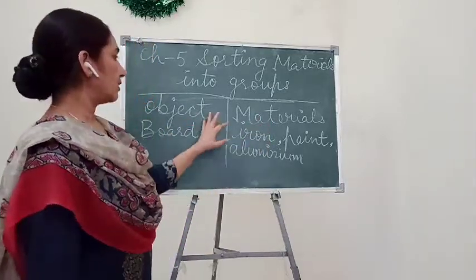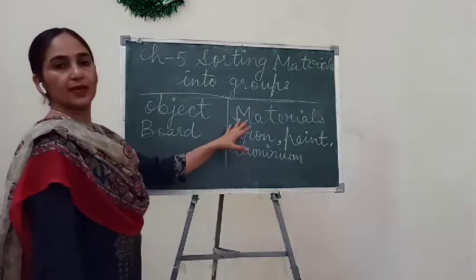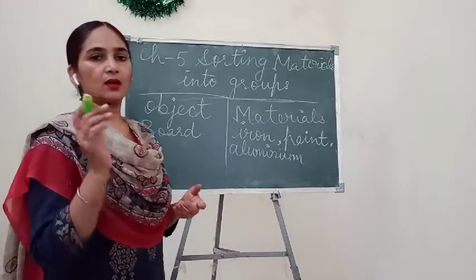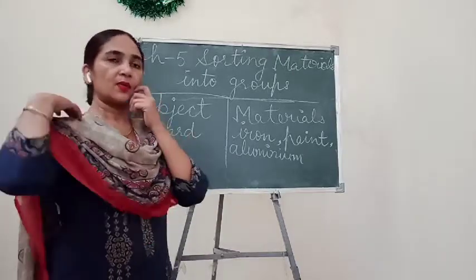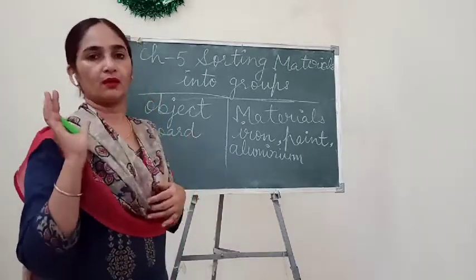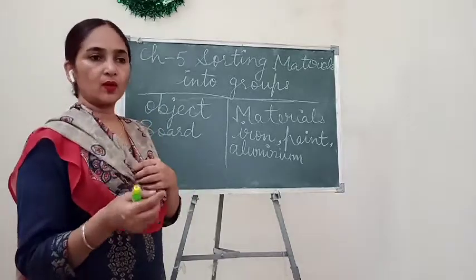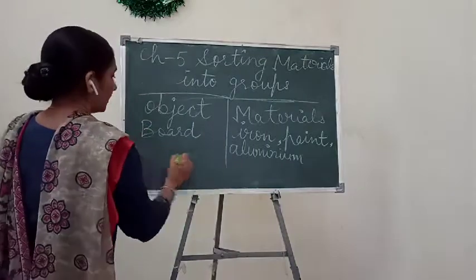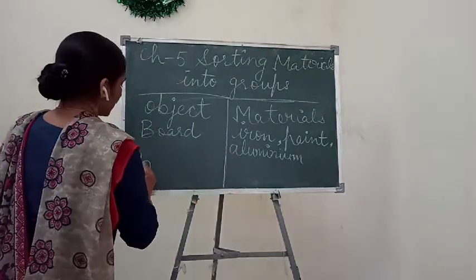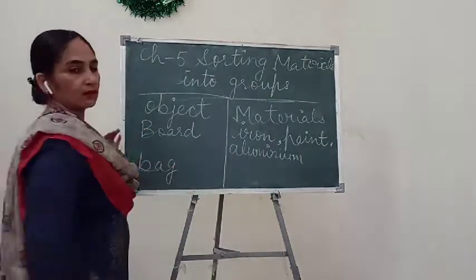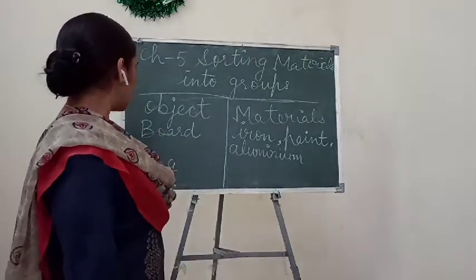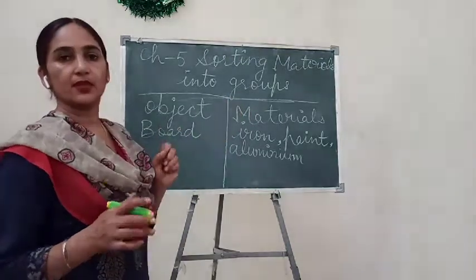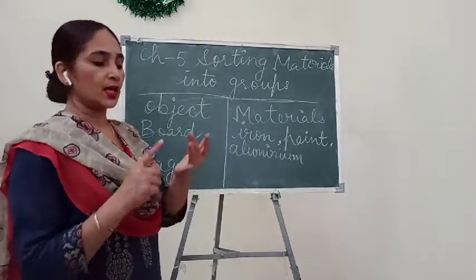So here you can take the example of any object. In your book they have given, suppose, your cupboard or even your school bag. If we take the example of your school bag or any kind of bag, then you see that the bag is also made up of some materials. In a bag, which materials are used?